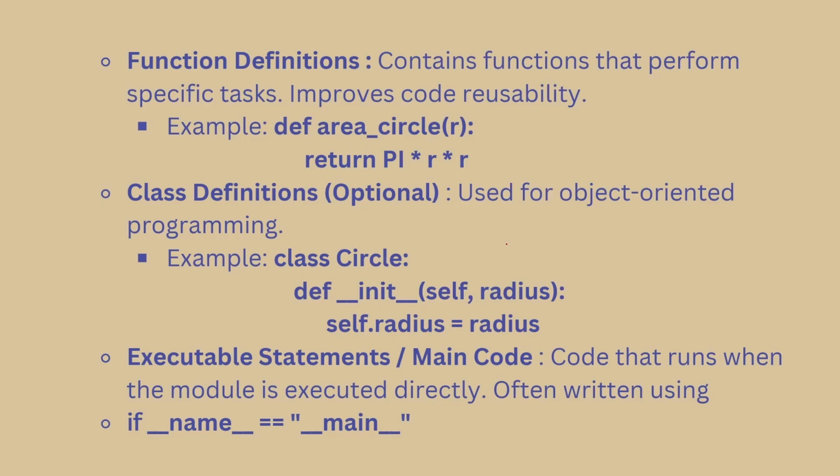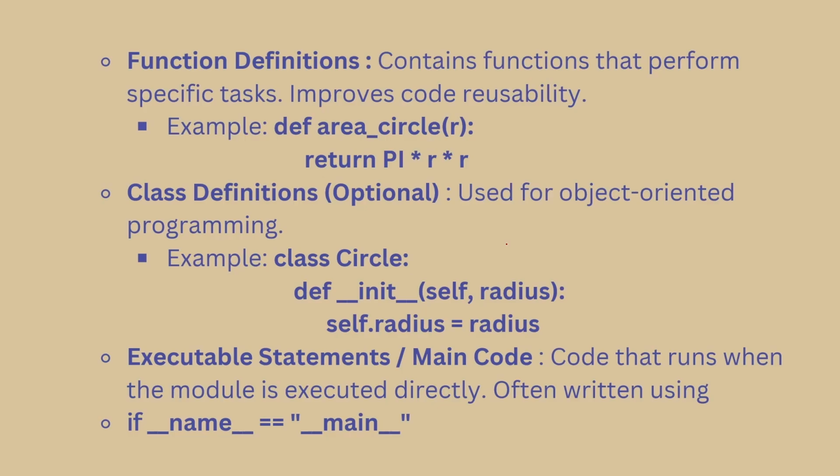Then we have class definitions. Let's say our module has a class called Circle, and inside that class we could have multiple functions related to the circle, like defining the radius, printing the area, or calculating the perimeter. So these are class definitions.